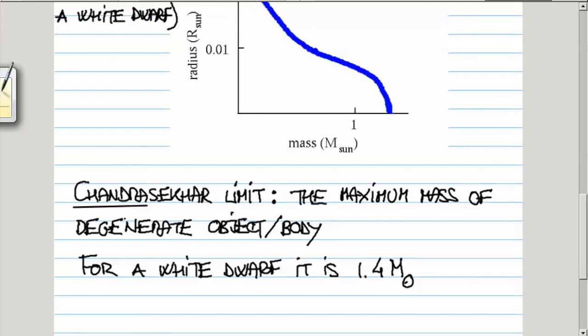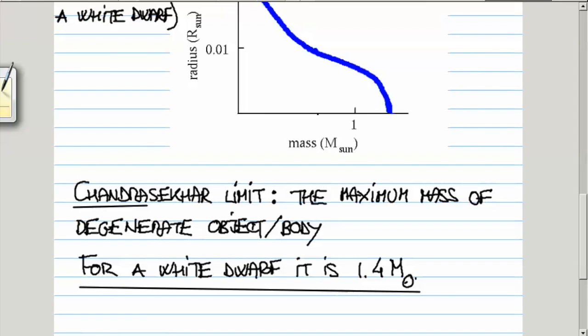So for a white dwarf, it is 1.4 solar mass. I also want you to note that the bigger the mass of the white dwarf, the smaller the radius, right?